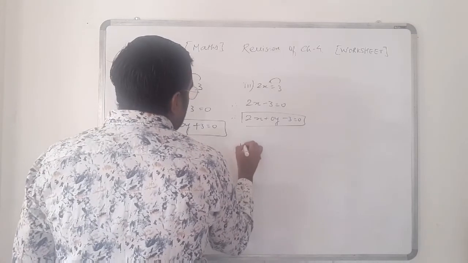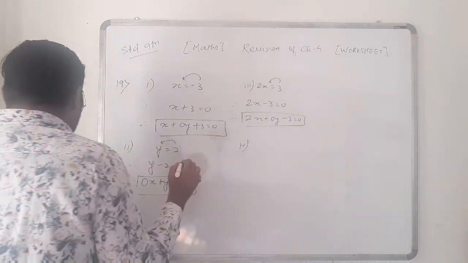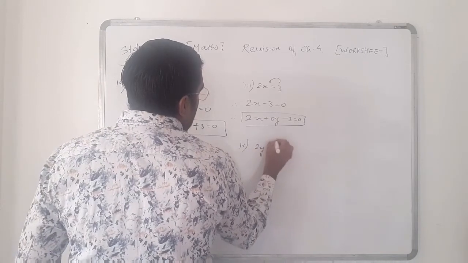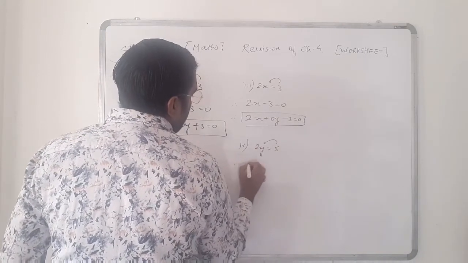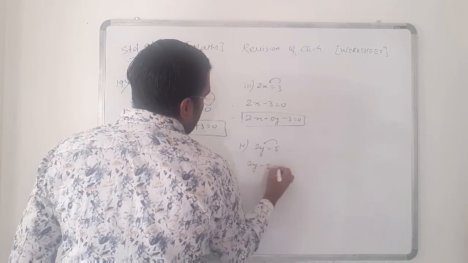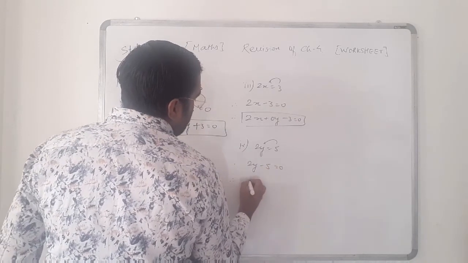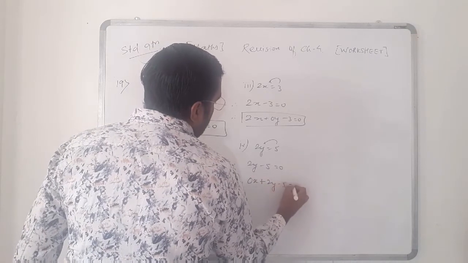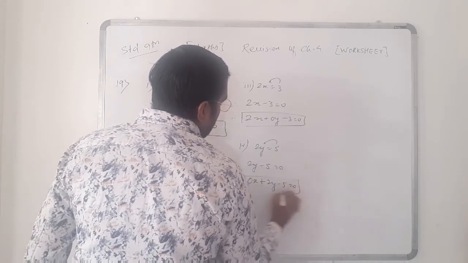And the fourth one, 2y equal to 5. So 5 is shifted to the other side, so 2y minus 5 equal to 0. So your answer is 0x plus 2y minus 5 is equal to 0. Clear?